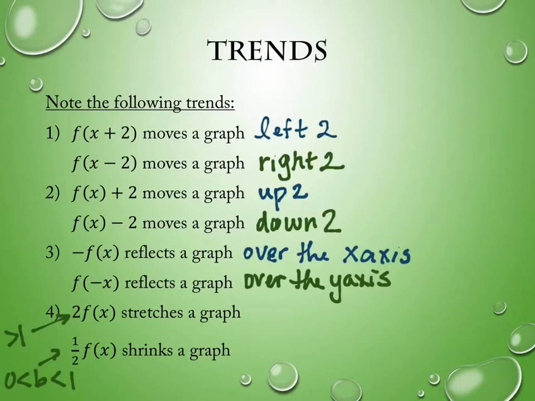If the value is bigger than 1, then it's a stretch. And we always think about the stretch being vertical. So this is a vertical stretch. And if it's a fraction between 0 and 1, it shrinks the graph vertically.